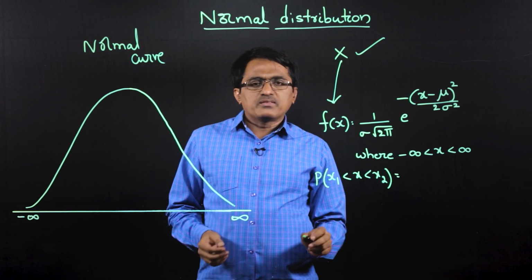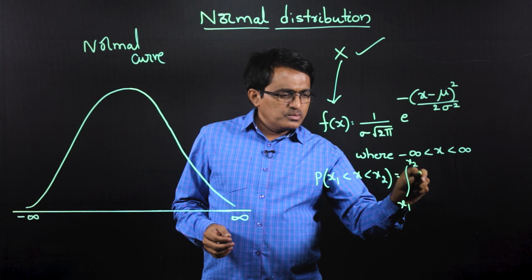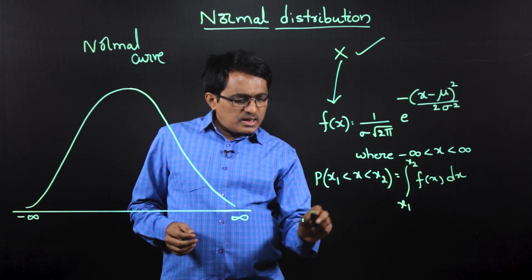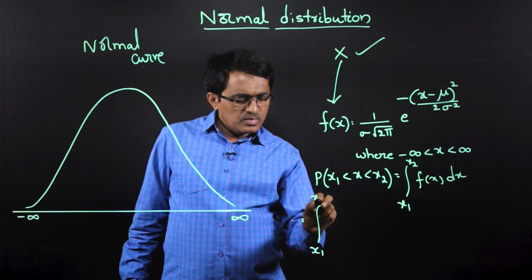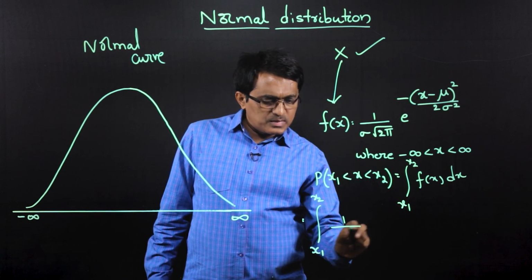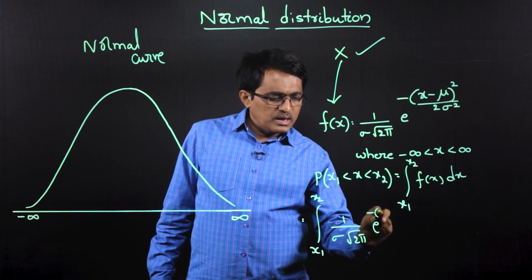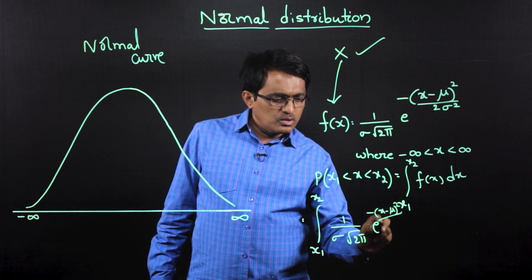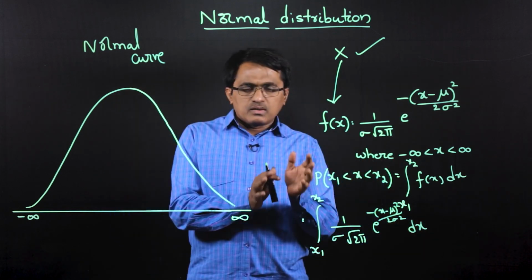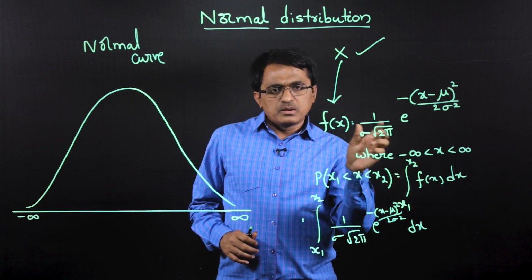Because it is a continuous random variable, we have to go for the integral from x1 to x2 of f of x dx, where f of x for this distribution is 1 by sigma root 2 pi e power of minus (x minus mu) whole square by 2 sigma square. Theoretically, we have to evaluate this integral, then use the limits to get the probability we are looking for.